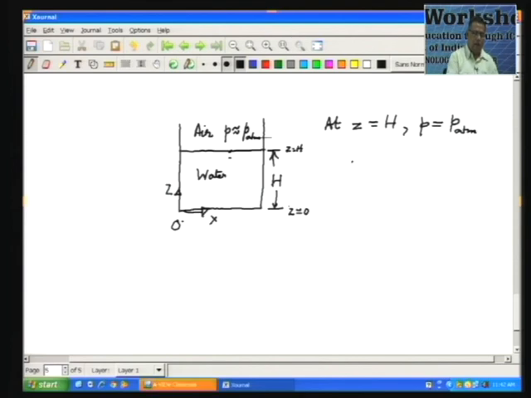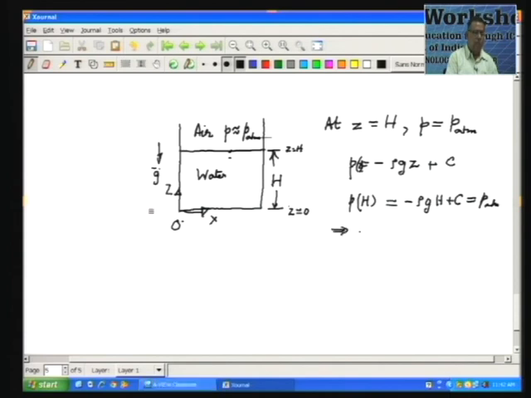Now, with this coordinate system, the z axis is vertical and pointing upwards and g is downward. So, we have seen that P is minus rho g z plus C. This is P at any z, so this is P of z. If you look at P of H, that is minus rho g H plus C, that will be P atmosphere.